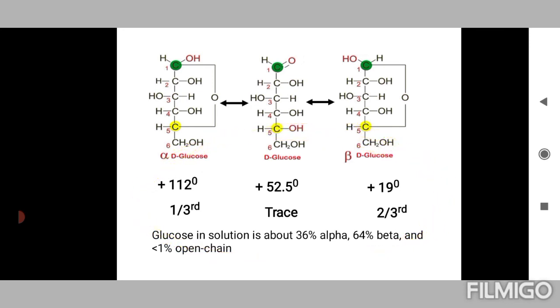So at that time, glucose in solution will have a composition like this: 36% alpha, 64% beta, and less than 1% open chain. So the rotation at that time will be plus 52.5 degree. So that's about mutarotation.